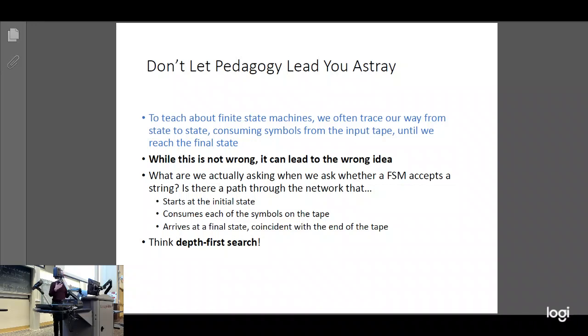So think about it in terms of depth first search. Don't think about it in terms of I'm executing this and this and this. Oh, I didn't make it, I have to backtrack or something like that. No, think about it in terms of depth first search, and you'll be much better off.